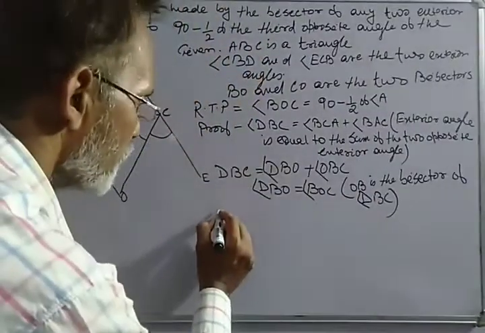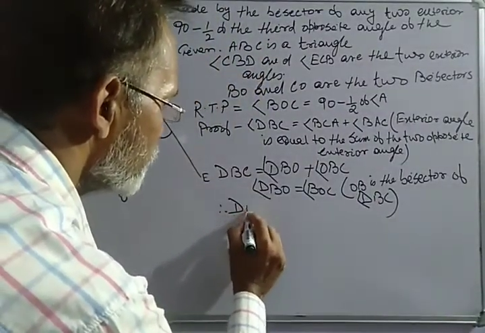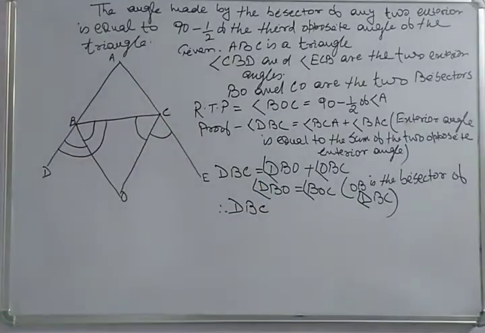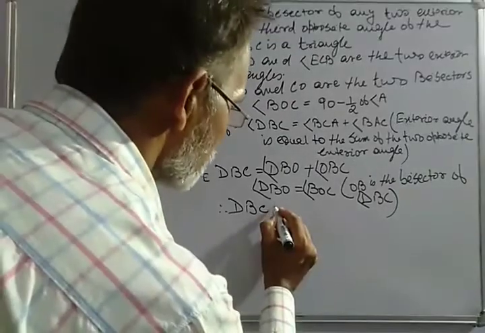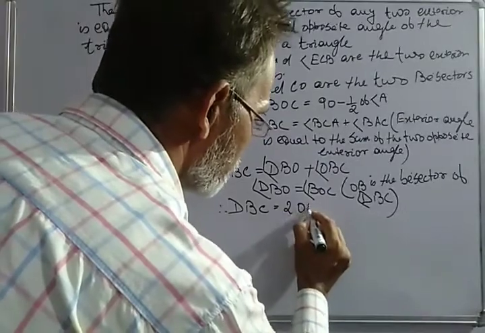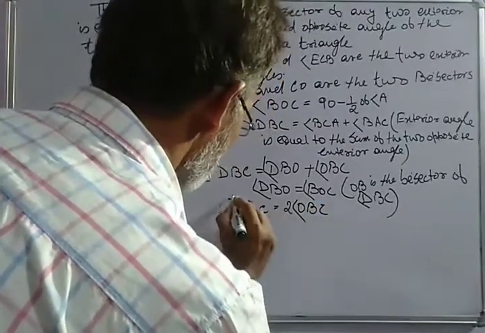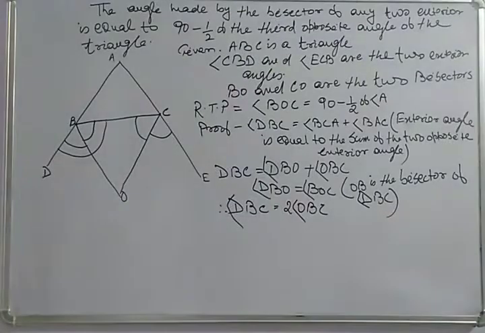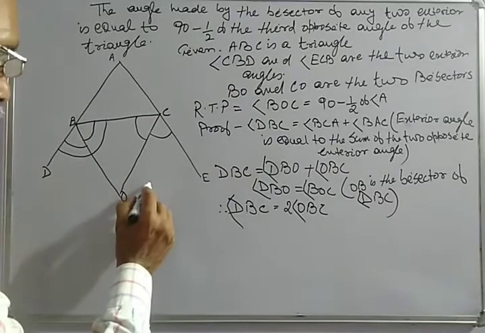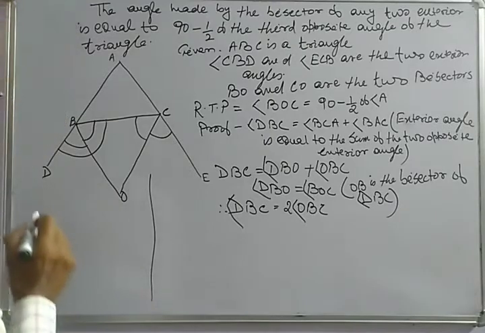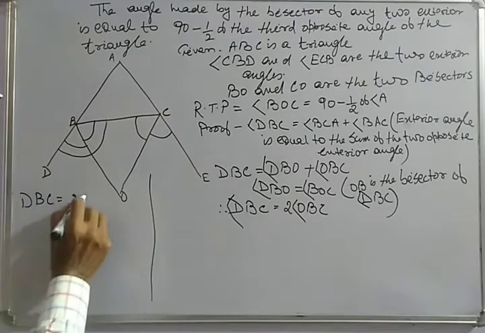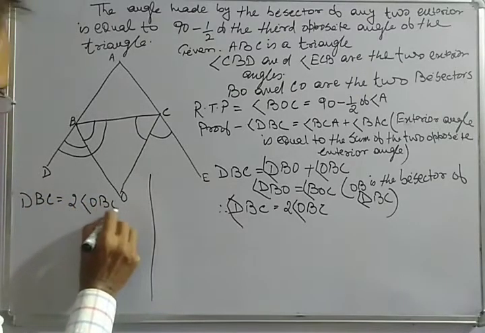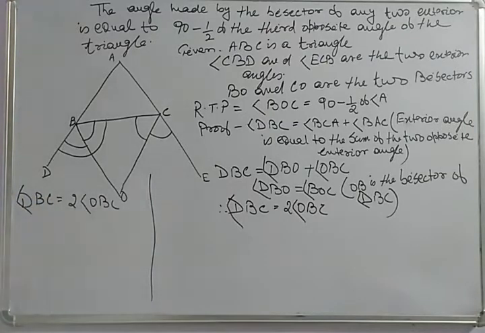Therefore DBC is equal to 2 OBC. This is one result we have got: DBC is equal to 2 angle OBC.